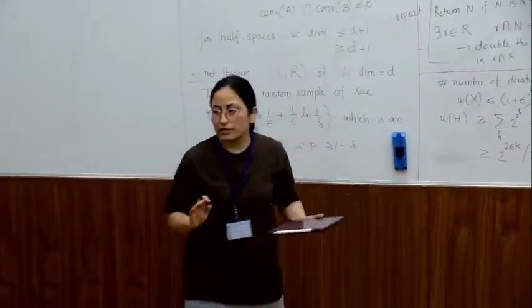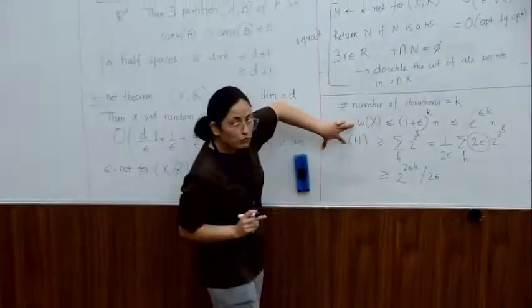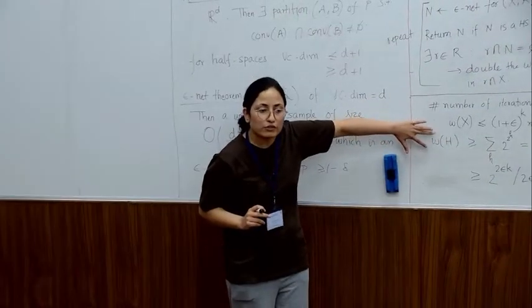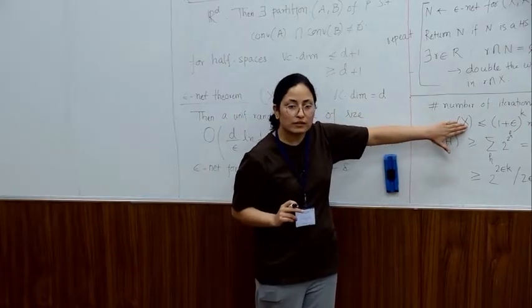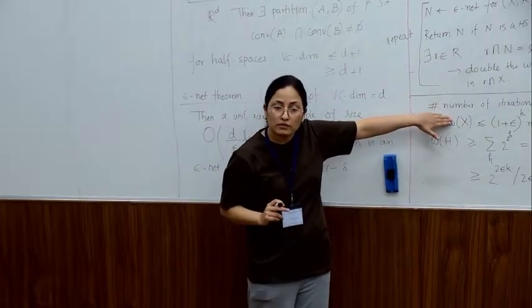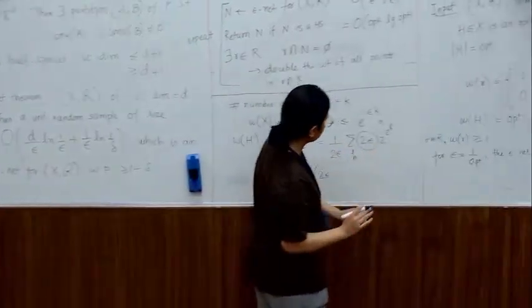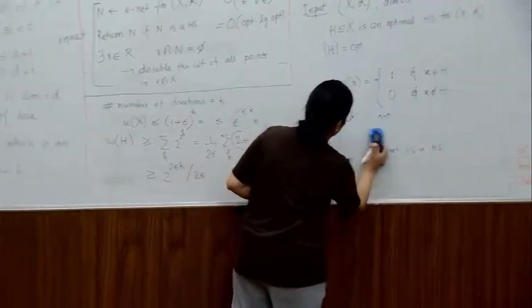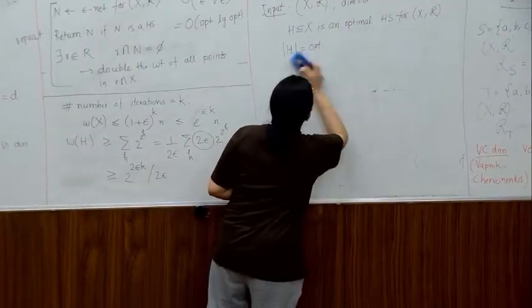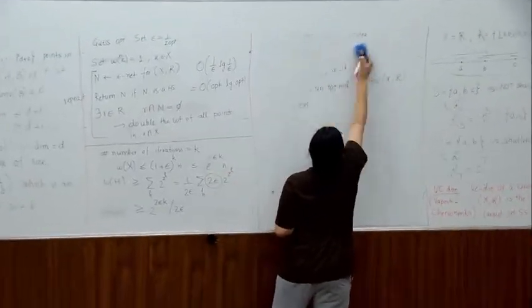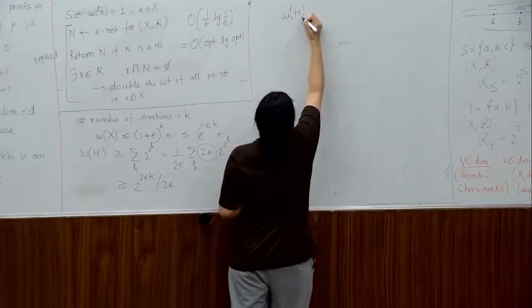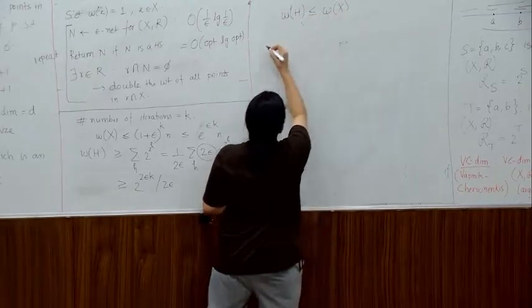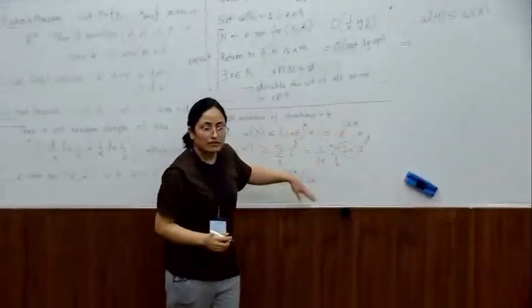And the last thing that we need to do is see what the relation is between these two weights. H is a subset of X, right? So this weight cannot exceed the total weight. So the weight of H is upper bounded by the weight of X. Just substitute these and rearrange the terms.